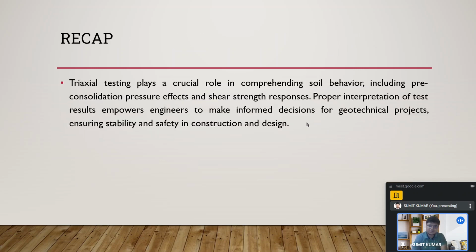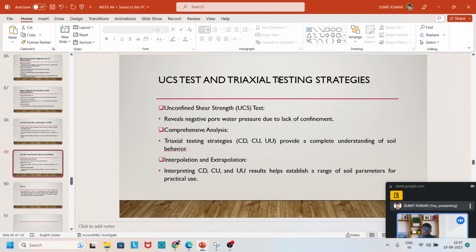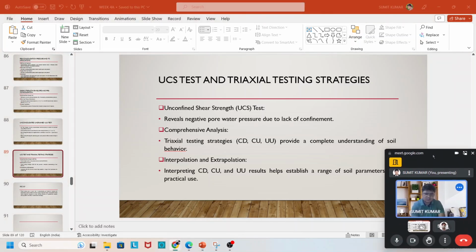Okay, so we will move ahead. When we talk about the triaxial testing strategy, the unconfined compressive strength UCS test reveals negative pore water pressure due to lack of confinement.